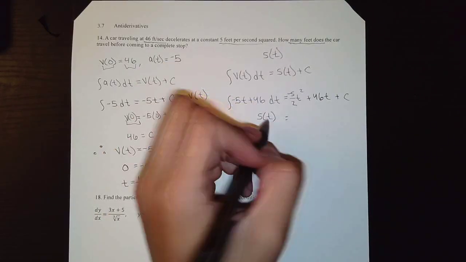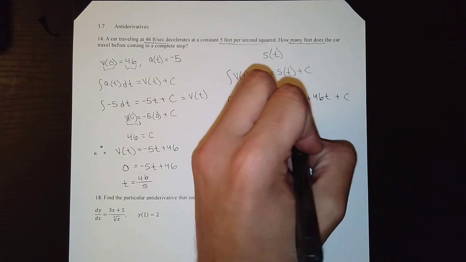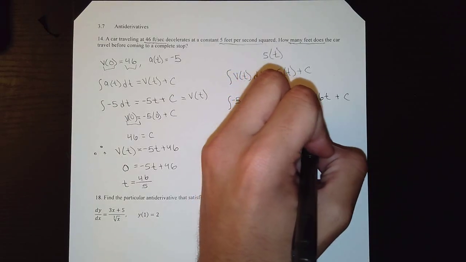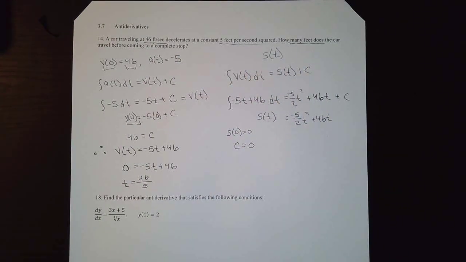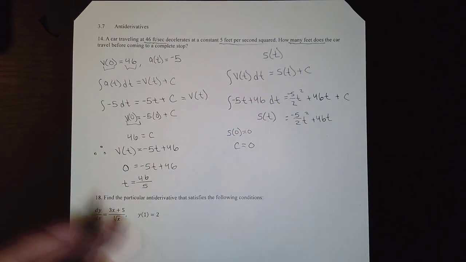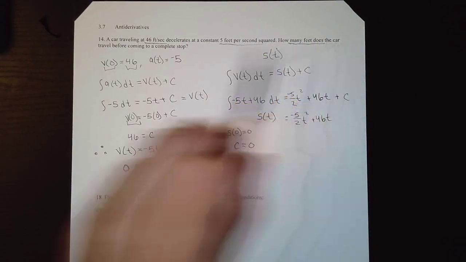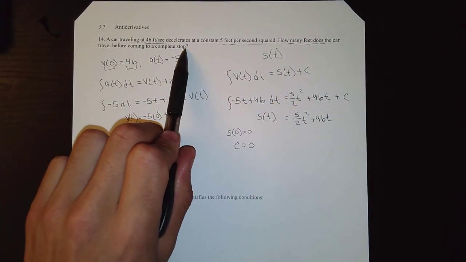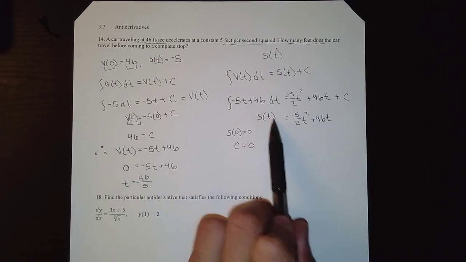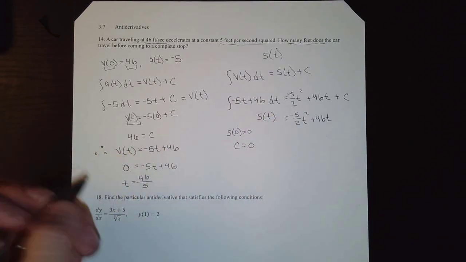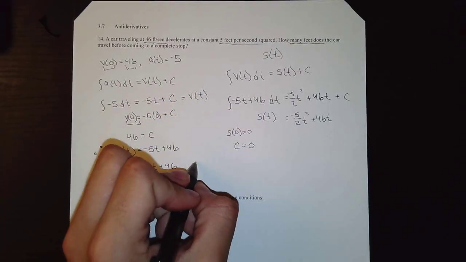So our position function would just be negative 5/2 t squared plus 46t. Well, we need to find how many feet does the car travel before coming to a complete stop. Well, we have the time when it comes to a complete stop, and we have the position function. So now we just have to plug in the time into the position function.